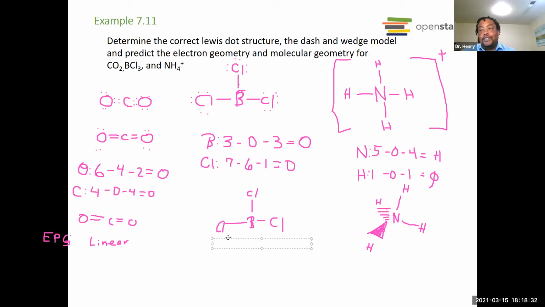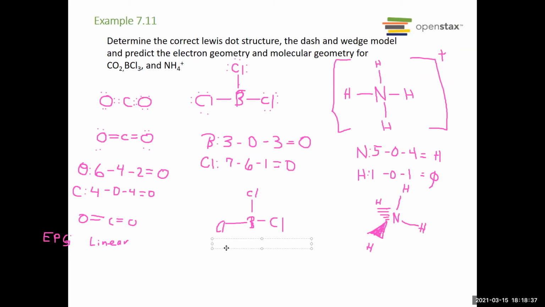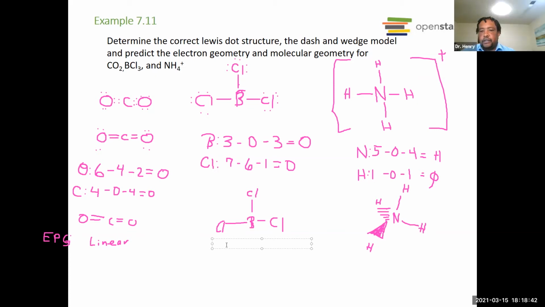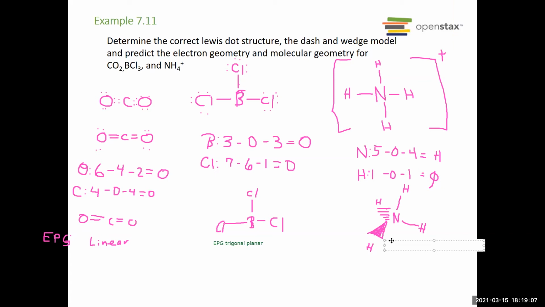Pyramidal? Do you have electron pairs that are going to be pushing it down? Oh, so it's trigonal planar. That is correct. And then what about for the ammonium? Tetrahedral. That's right.